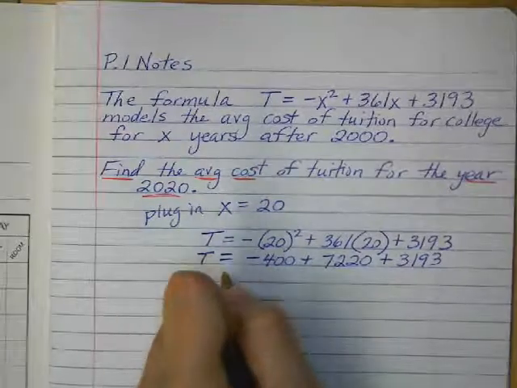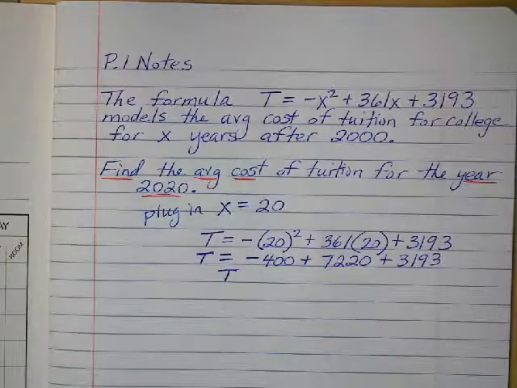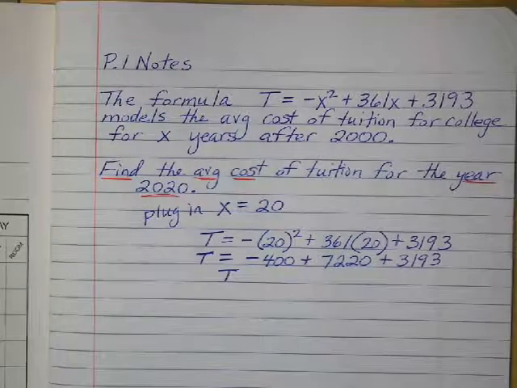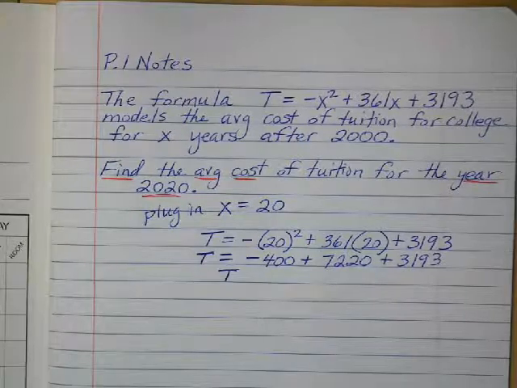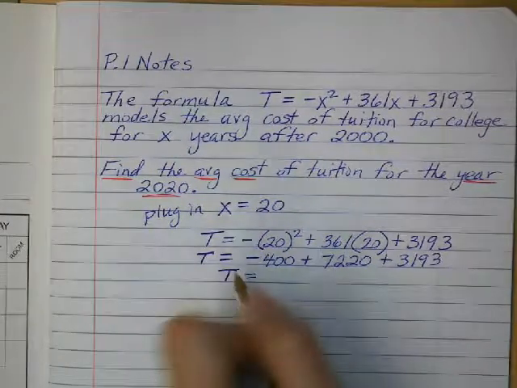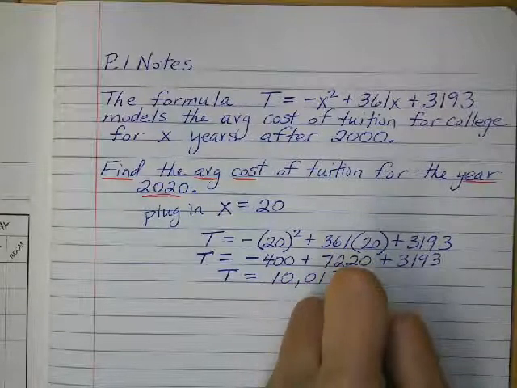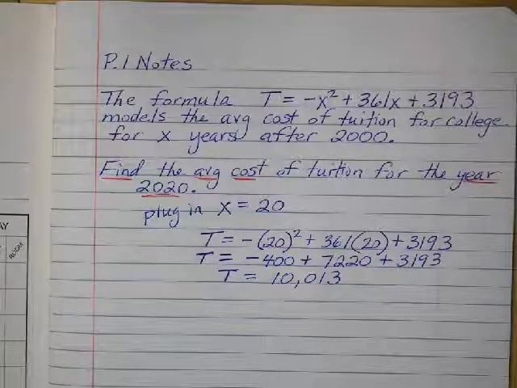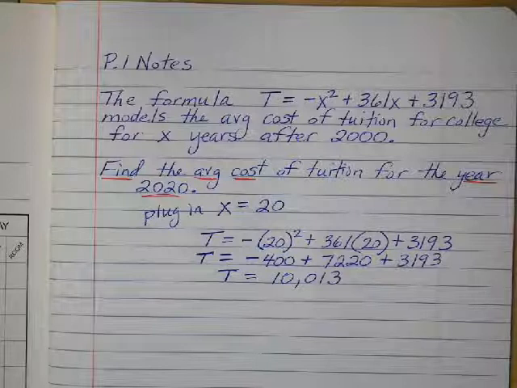Let's see what I got. 7220 plus 3193. Yeah, so you will need a calculator for this class. I got 10,013. What does that stand for?